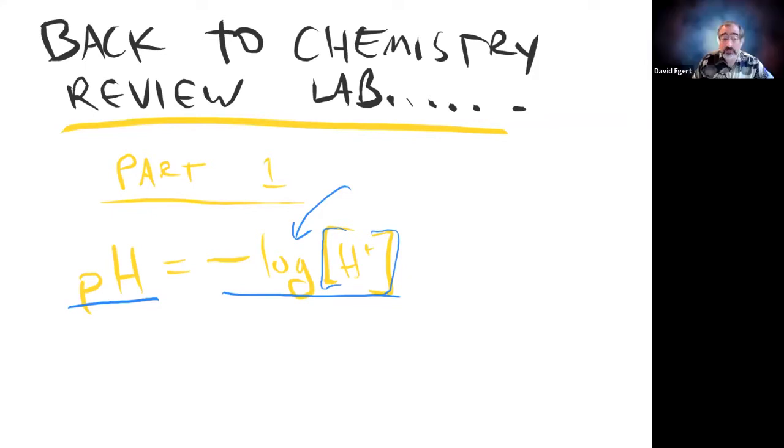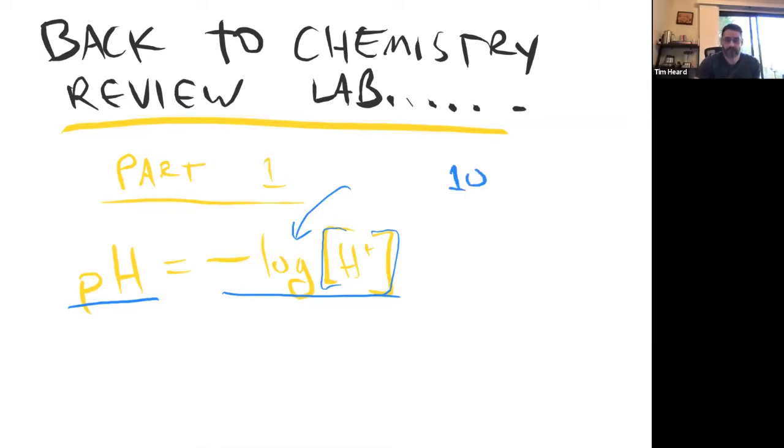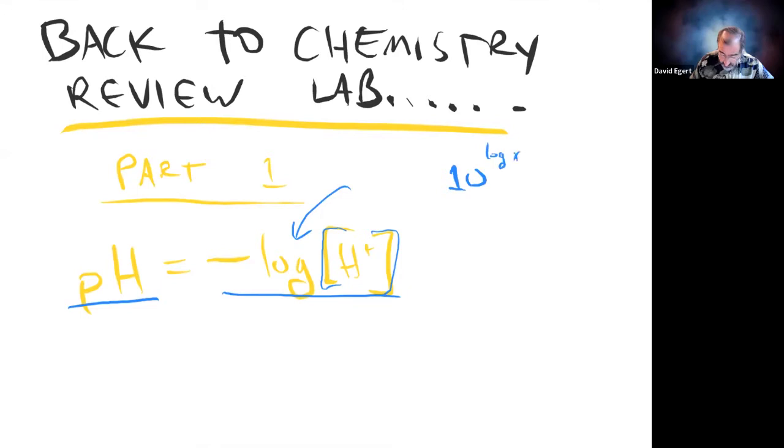Yeah, so in particular, the exponent on what number? 10. So 10 to the log x equals x. It's basically saying, what power do you have to raise 10 to give you x?